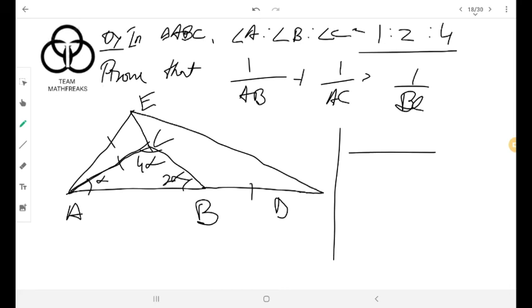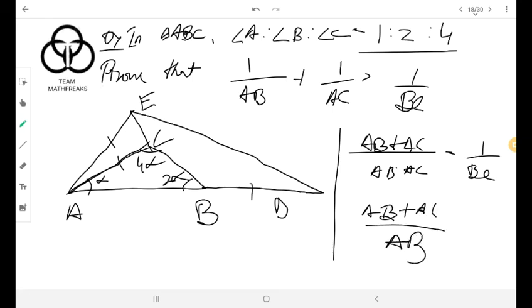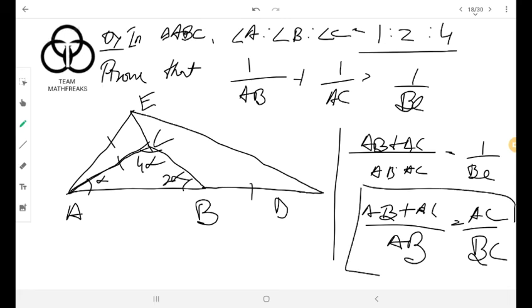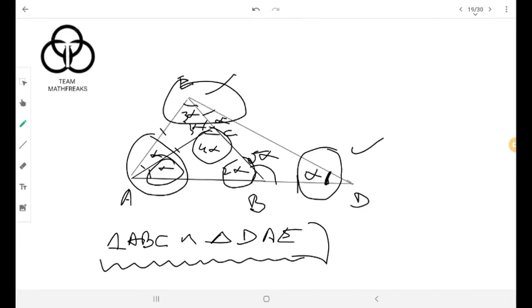What is this? It's nothing else but AB plus AC over AB into AC equals 1 over BC. AB plus AC divided by AB can be written as AC over BC. We have to prove this part, and for this, we are approaching towards this.